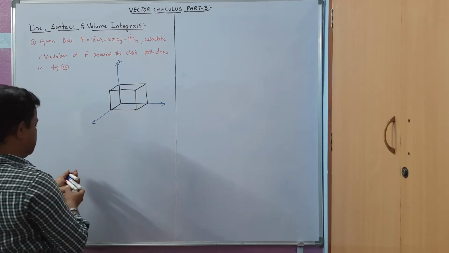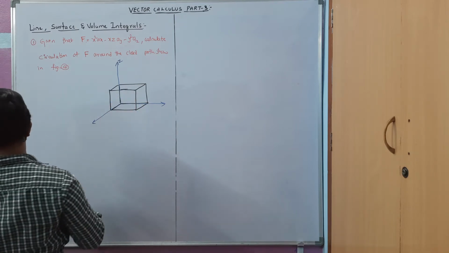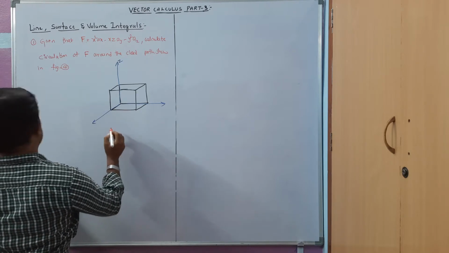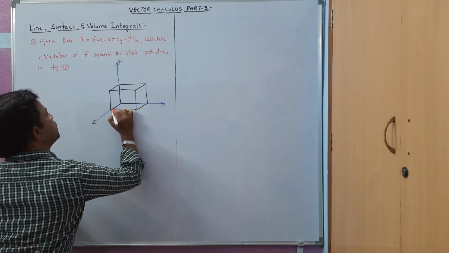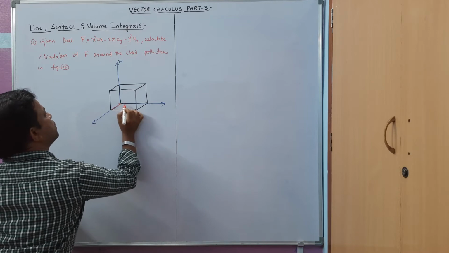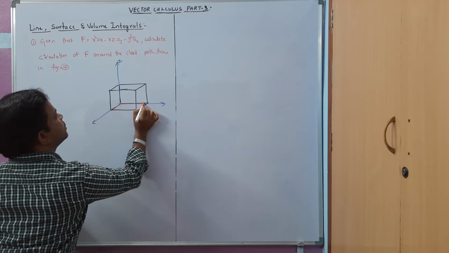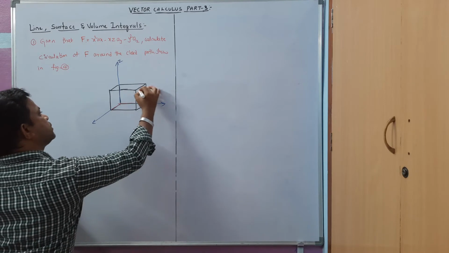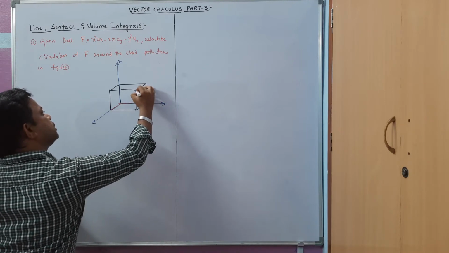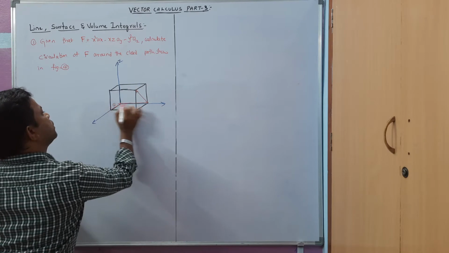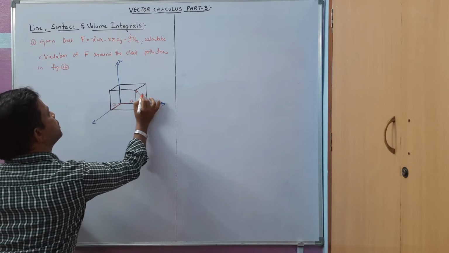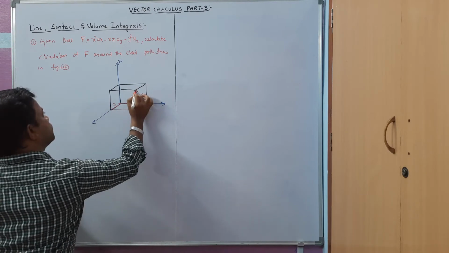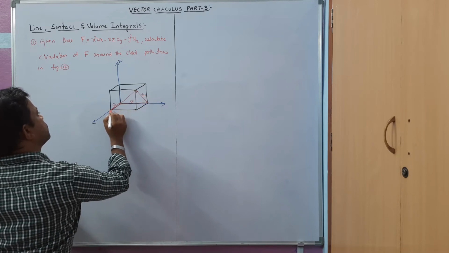So now we have to find the circulation he has given. Observe here carefully. This is 1, this is 2, and this is 3, 1, 2, 3 and 4 up to here.